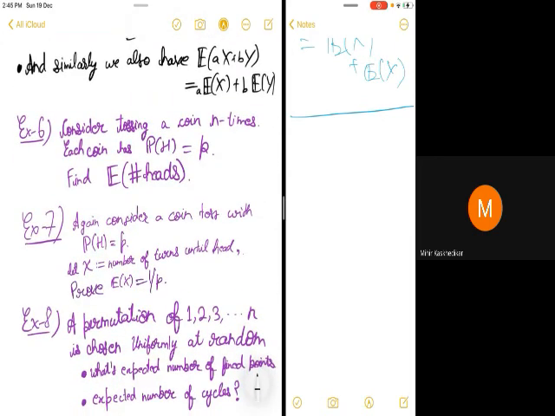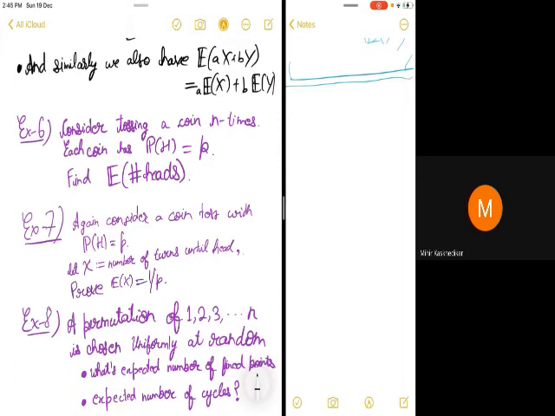Similarly, we also get that the expected value of the random variable aX plus bY is a times the expected value of X plus b times the expected value of Y. So is the proof of linearity of expectation clear after assuming the theorem? Yes. Okay.